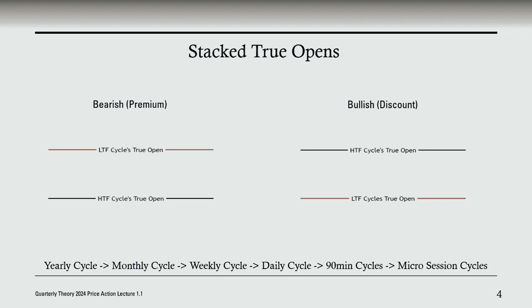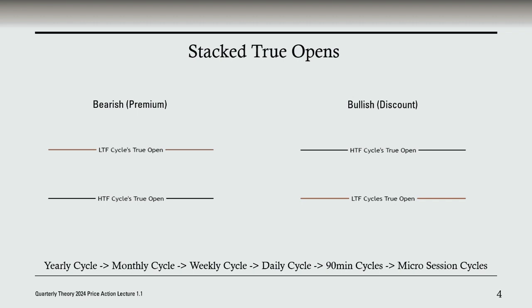Right? If you're just looking at one true open, you're doing it wrong. You need two true opens. And at the bottom of this slide, I've put the hierarchy of cycles for you guys, from the larger down to the smaller cycles, right?